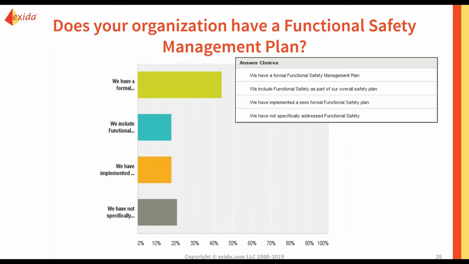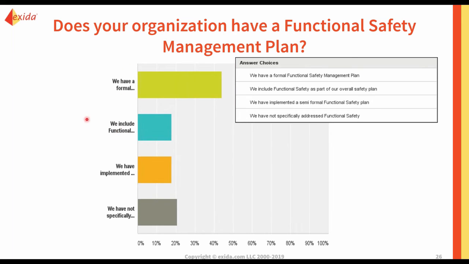And when we then asked how many of them have a functional safety management plan, we see that a little over 40% have a formal functional safety management plan. Another 15 or so percent have included functional safety as part of the overall safety plan.